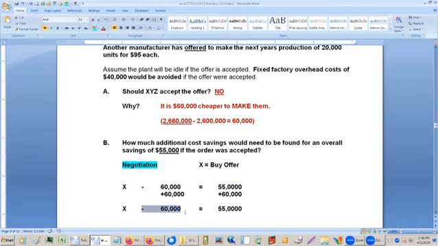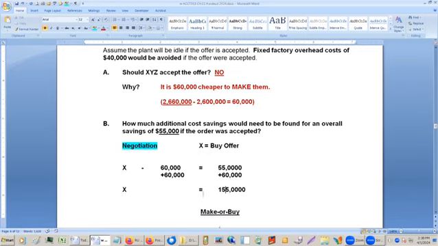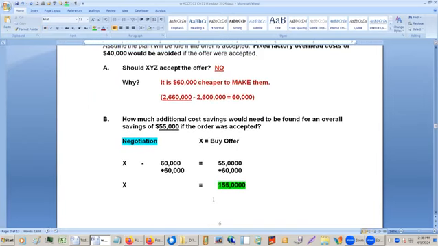that turned out to be 0. 60,000 minus 60,000 plus 60,000 is 0, and 60 plus this would be 115. So 115,000 would be the total amount that they would have to save. I put this on as extra credit on the test, I think.